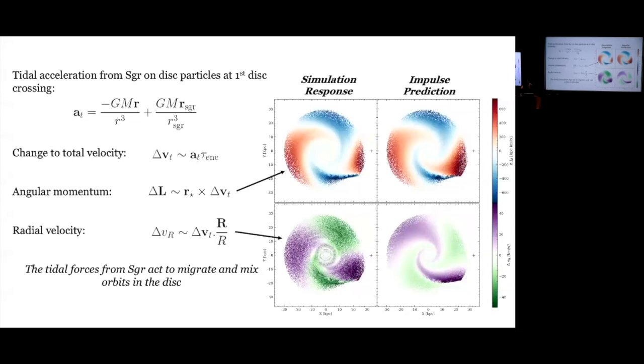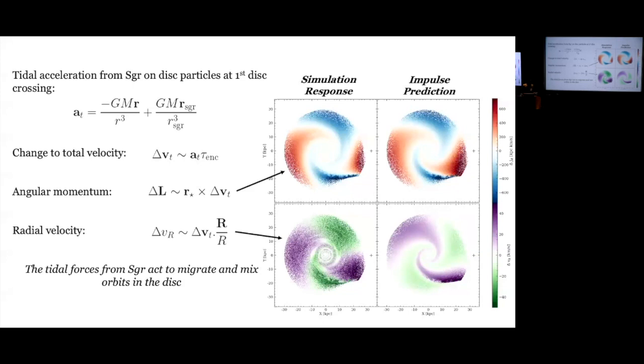And we can do the same for the angular momentum. We're taking the cross product between the position vector and that change in velocity vector, and plotting the z component of that change to get an impulse prediction for the change in angular momentum versus what you see in the simulation.